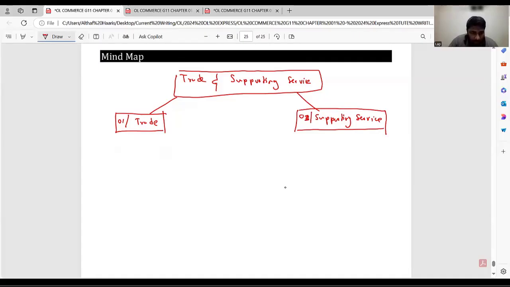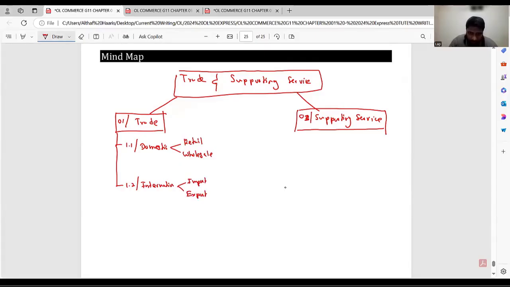One is domestic trade, another one is international trade. Domestic trade we learned retail and wholesale. International trade: import, export.